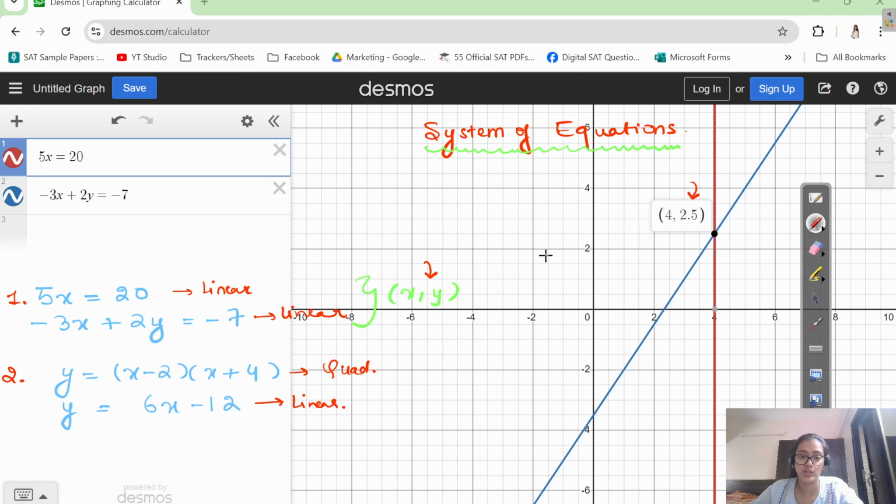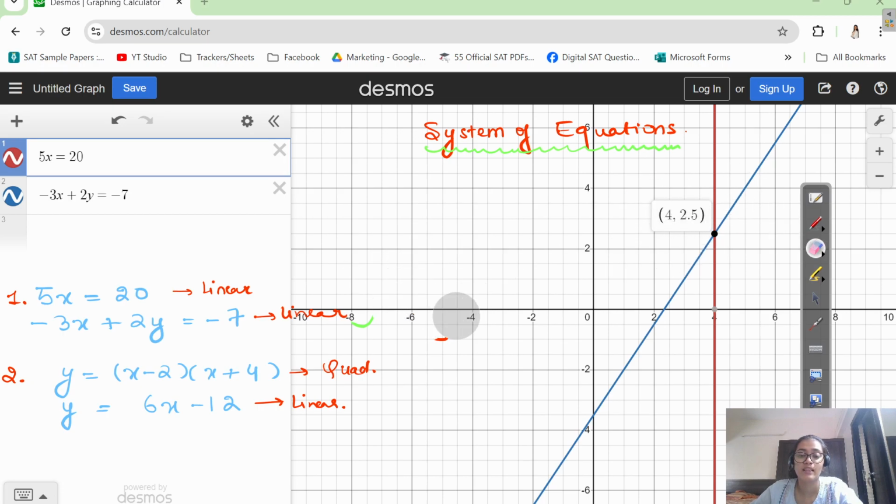Or they could ask you if (x, y) is the ordered pair that satisfies this system, then what is the value of x plus y? Well, in that case the answer will be 6.5. Or they could ask you what is the value of the x coordinate. In that case the answer will be 4.